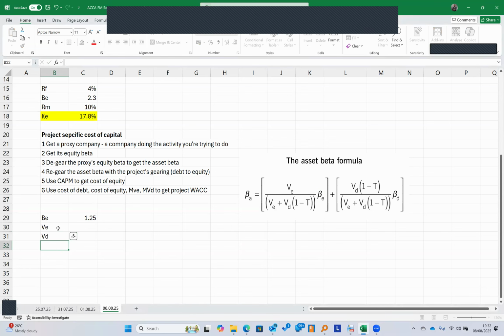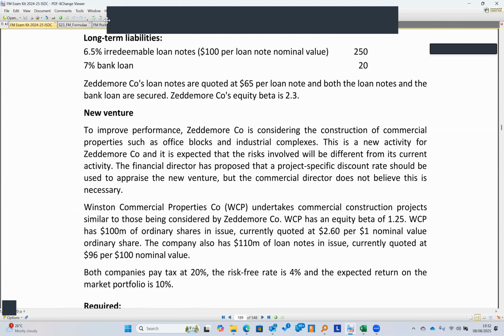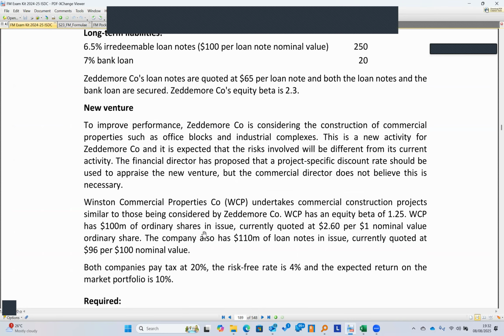Winston has $100 million of ordinary shares, which are $1 nominal, which means that these are the same number of shares we have, 100 million, because you normally divide by the nominal value to get how many shares you have.